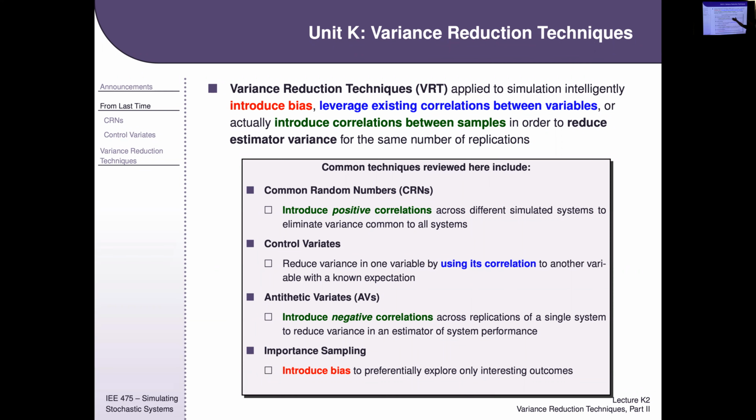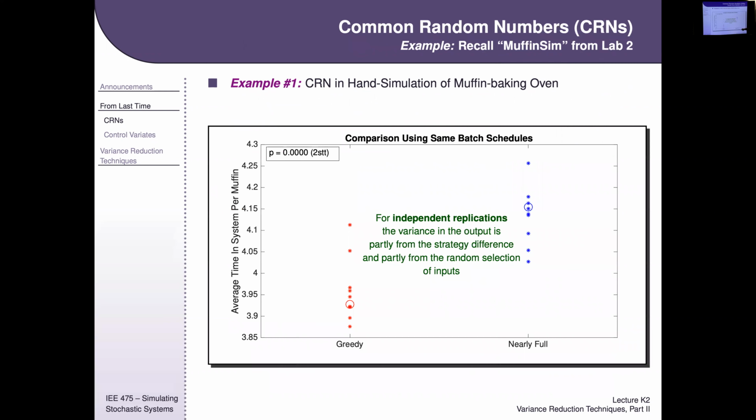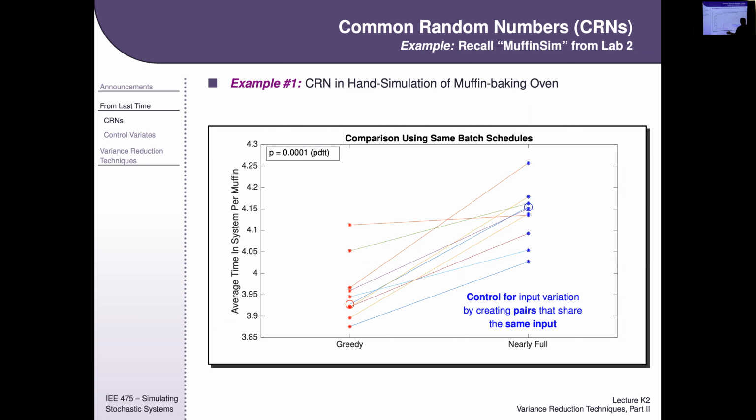Instead of running independent replications in our 2 different conditions, say a baseline and an intervention case, where the independent case would be running different customers or different order schedules, different inputs into both conditions, instead we pair them up and run the same order sequence into both conditions in parallel, and then we compare how they do for that input sequence. And we do that for multiple input sequences.